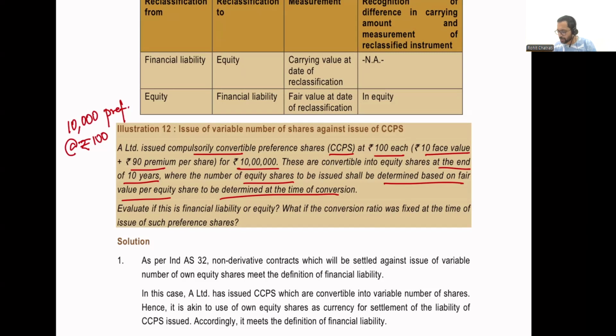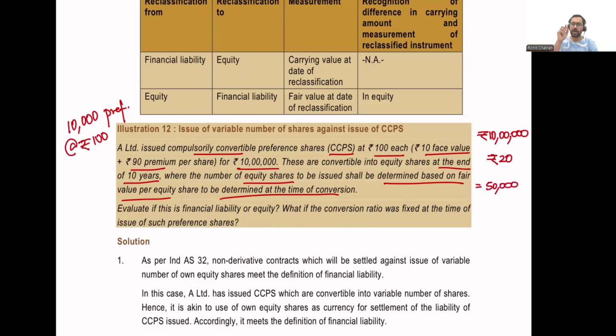For example, the total consideration that we have is rupees 10 lakhs. Hypothetically, let us say the fair value of the equity share on the date of conversion is rupees 20. In that case, the number of equity shares to be issued will be 10 lakhs divided by 20, which is equal to 50,000 equity shares.